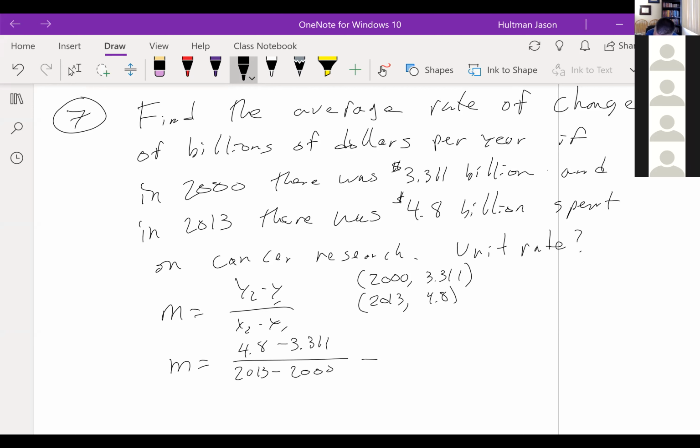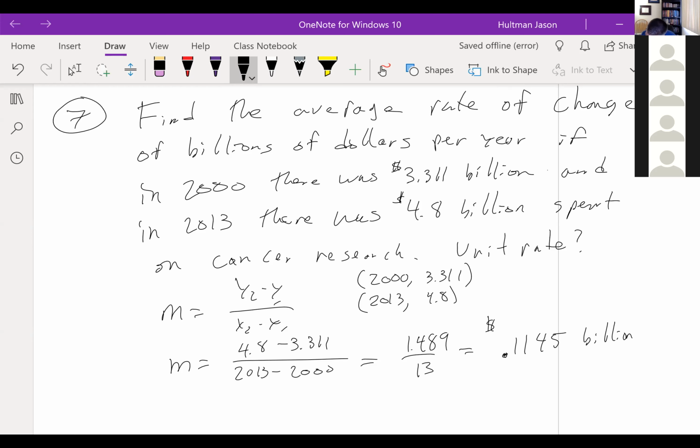Now you could have done that in your head. You'd be like, well, of course it's over a 13-year period. So if we subtract 4.8 minus 3.311, we would get 1.489. We divide by 13, we would get 0.1145 billion dollars per year.